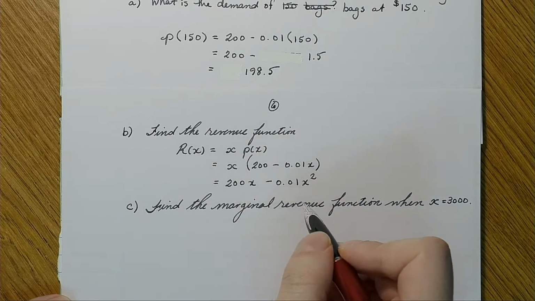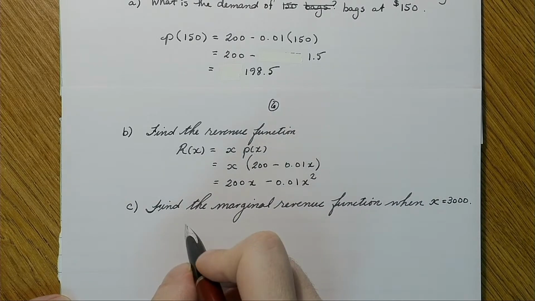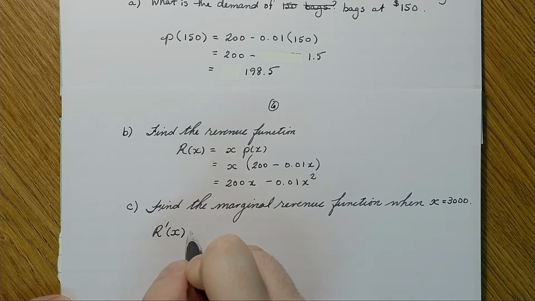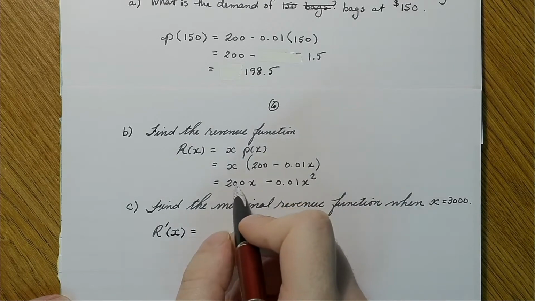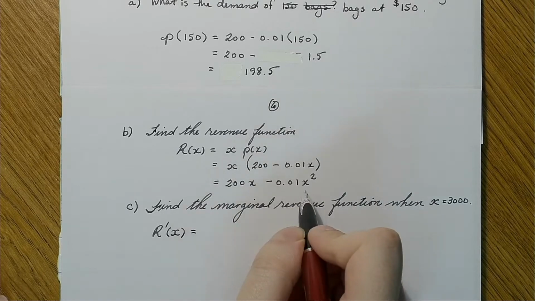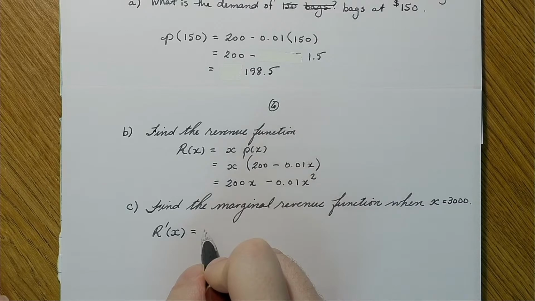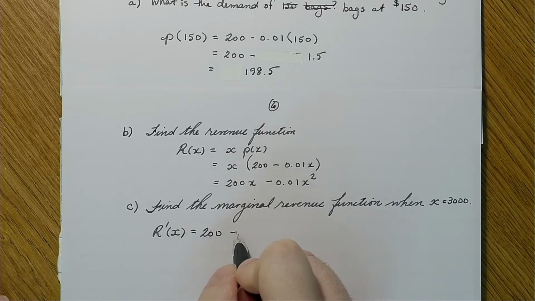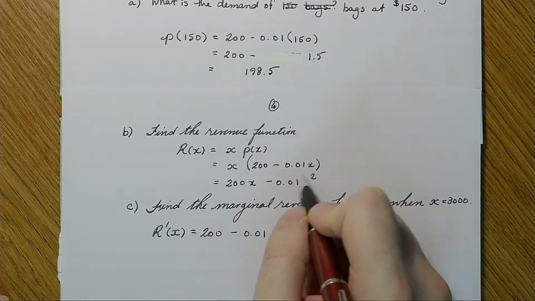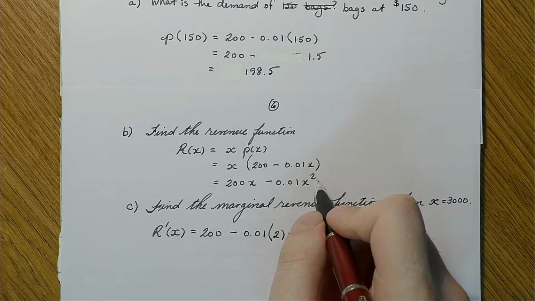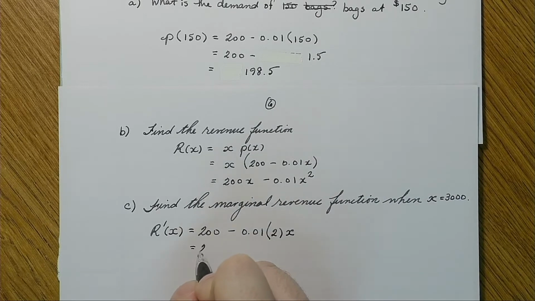So I have the revenue function here. Taking that, I have to take the derivative of this whole thing. I have 200x, so that's just 200, minus 0.01. The 2 comes down in front, multiplying it by 2x, and then we reduce the degree down to 1. So I'm left with 200 minus 0.02x.